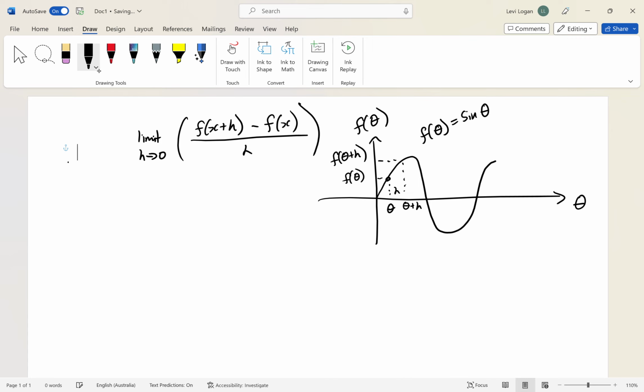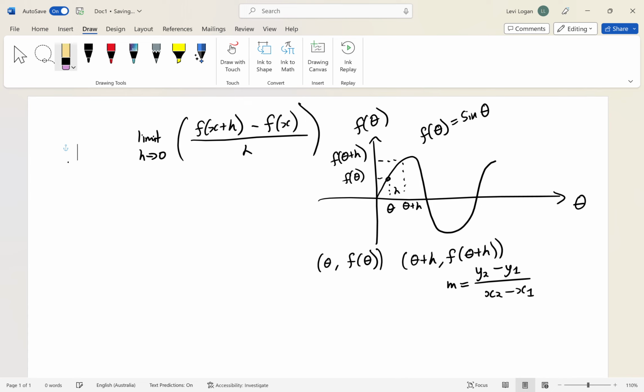We recall that the gradient of any line is y2 minus y1 over x2 minus x1. So our first point here is going to be theta and f of theta, and our second point is going to be theta plus h and f of theta plus h.